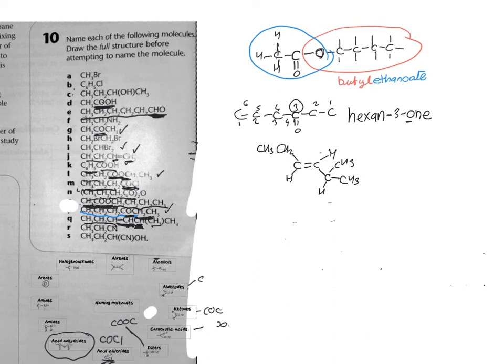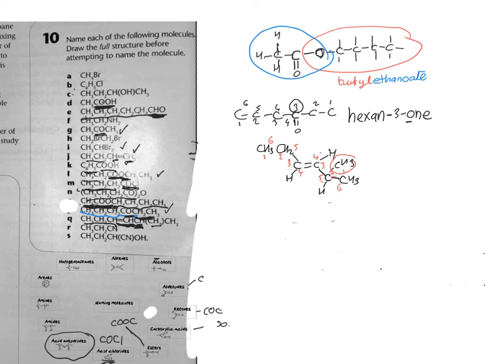So this is an interesting one. Let's now look for the longest chain. I'll number them. So it's either 1, 2, 3, 4, 5, 6, or going the other way is 1, 2, 3, 4, 5, 6. This molecule has a methyl group side chain, so that could either be on position 5 or it could be on position 2, so we'll give it the lowest number.